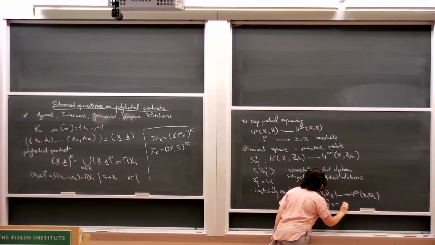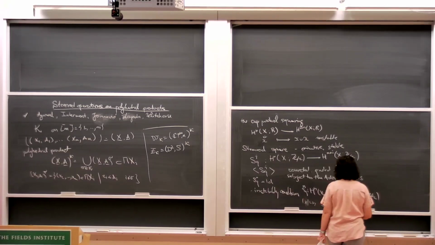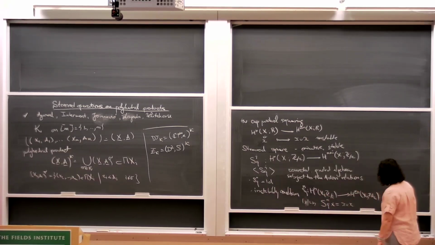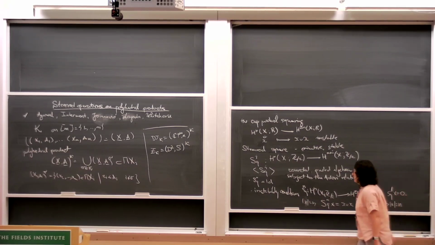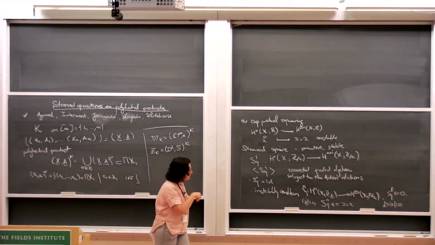Then this is just x f. And if you take the square Sq^d, say where d is greater than the degree of x, in this case n, then the Steenrod square is acting trivially on that element.